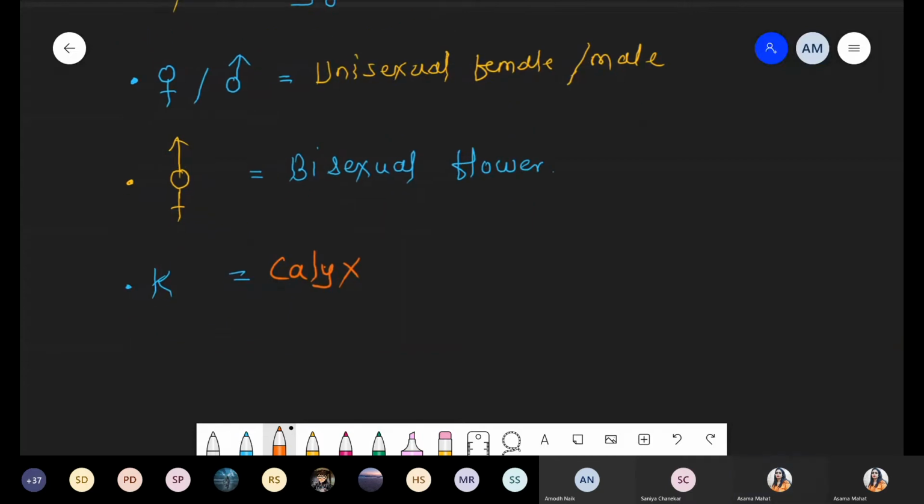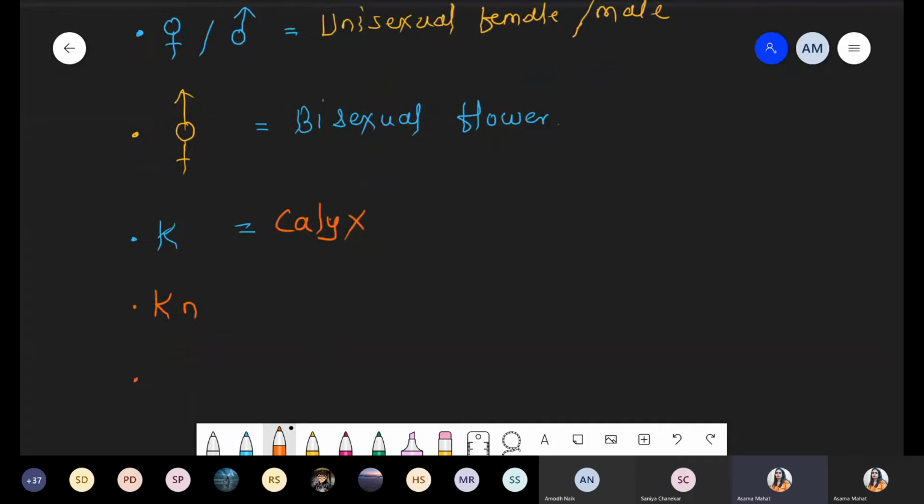Kn, and K inside the bracket, so quickly tell me how we represent. Only Kn and K in bracket. N represents the number of calyx, or that is the number of sepals.